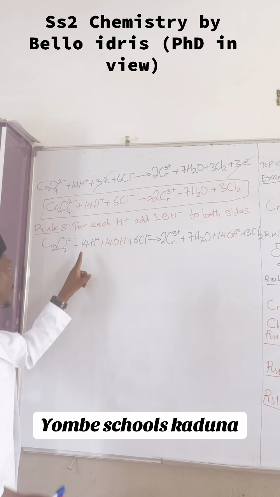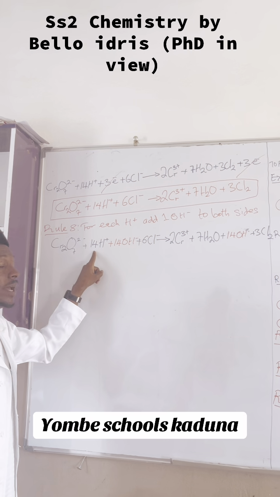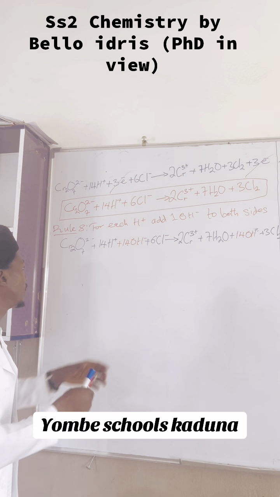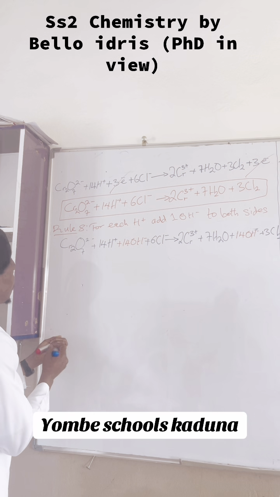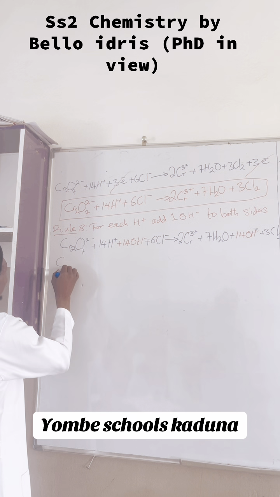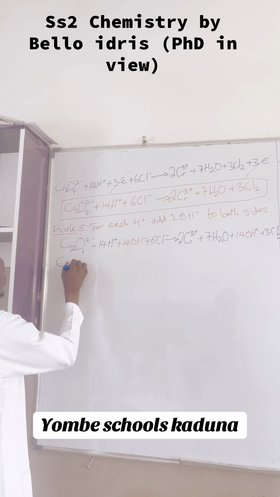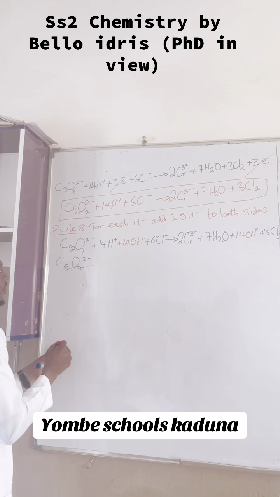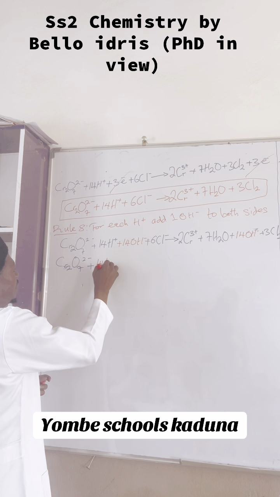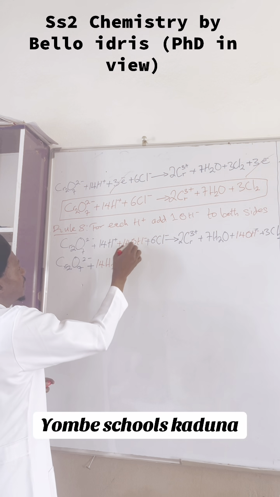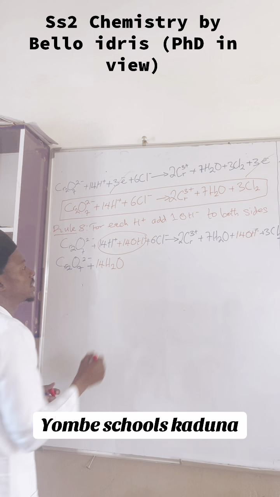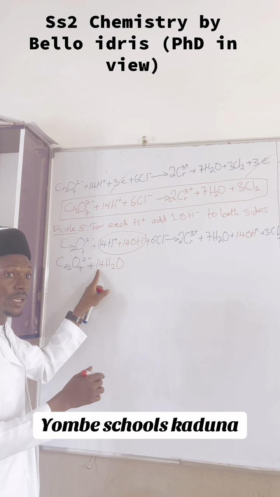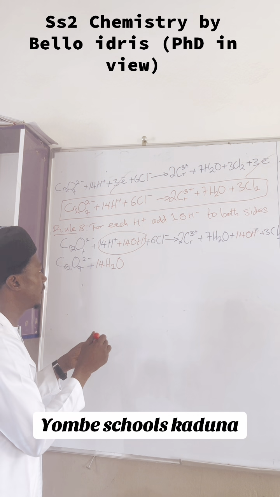Now, immediately OH minus is added to H plus, it makes water. Are we together? Yes. So now, we write Cr2O7 2- plus 14 H2O. These react together to give water, and this is the molecule of water that is generated. 14 molecules of water. Are we together? Yes, sir.